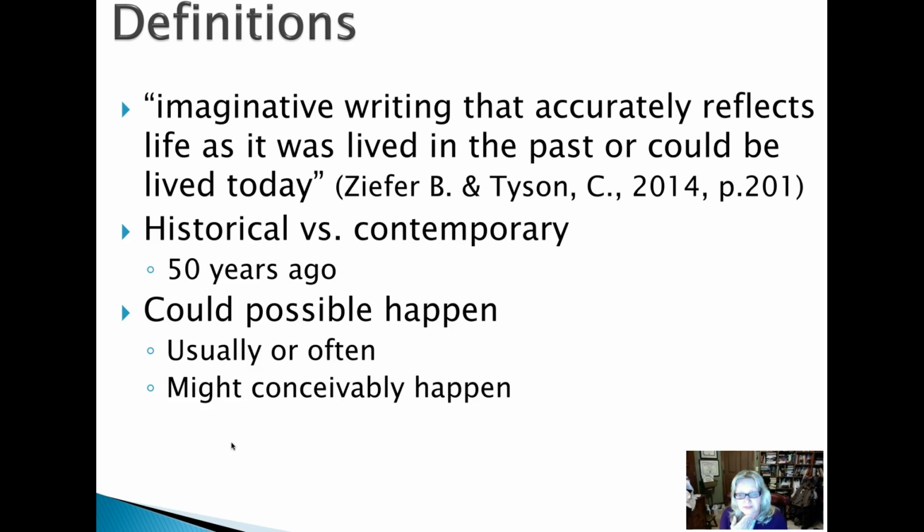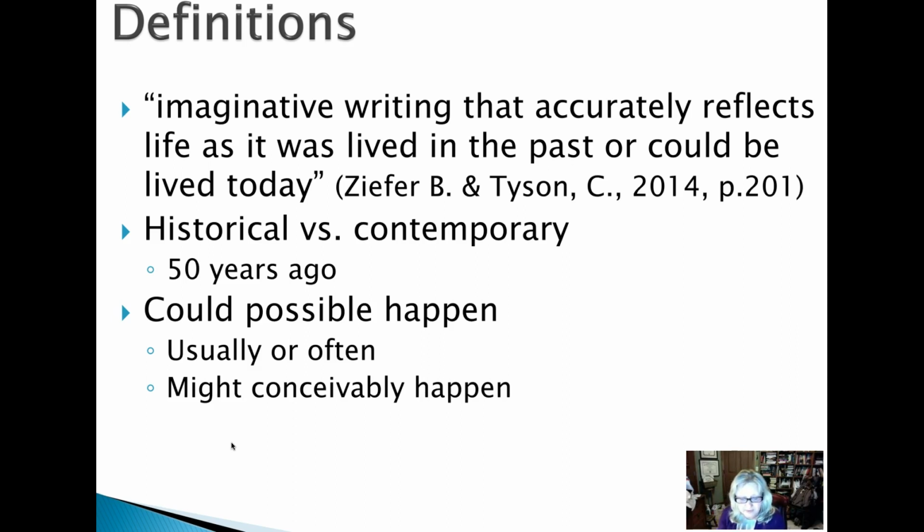But the other thing I wanted to mention about realistic fiction is something that C.S. Lewis said, that it features the kind of thing that could possibly happen. That can be things that typically happen to people, going to school, going to work, things that happen every day, taking the train, whatever. Things that might happen once in a while, a vacation, a trip of a lifetime, or meeting somebody famous.